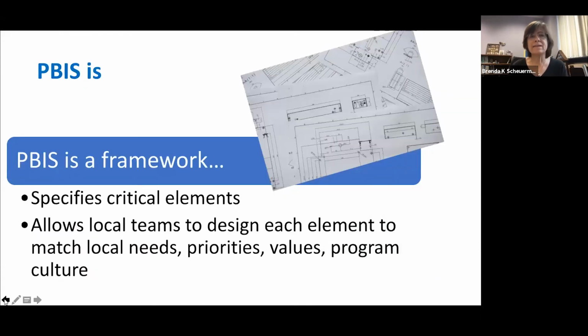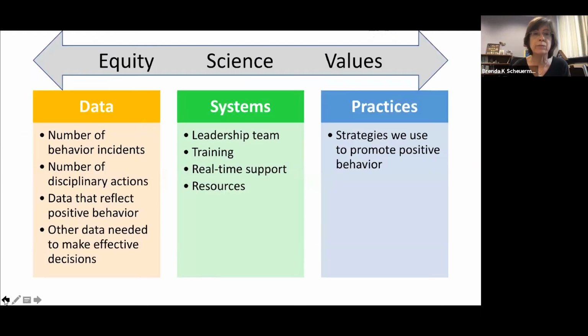You know that PBIS is a framework. It specifies critical elements, but it allows local teams to design each element so that the elements are reflective of local needs and priorities and values and program culture. That's especially important in alternative programs. The framework organizes data, systems, and practices, and those components are no different in alternative settings.